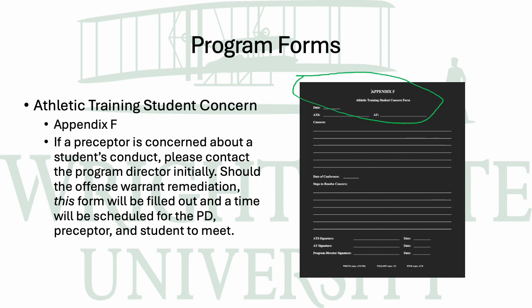If you see a pattern of behavior, please try to catch the program director early on so that things don't become more egregious. These forms are meant to also document if we've discussed some type of behavior with the student and there has been no remediation, then it is definitely important to do a concern form.